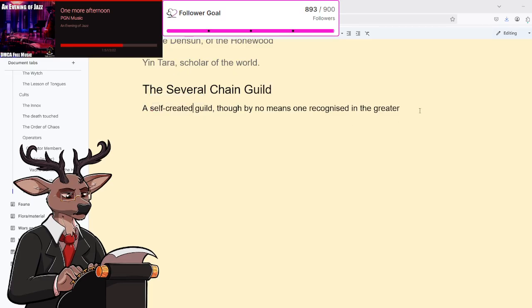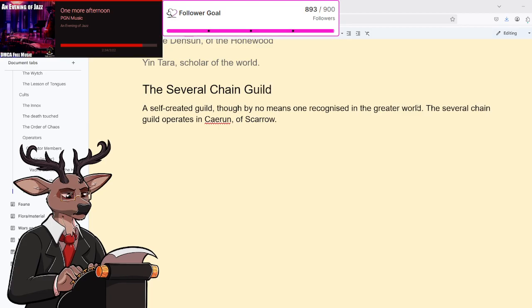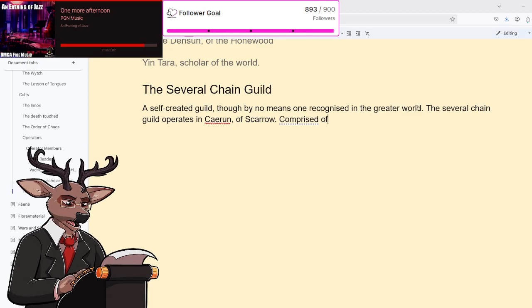Whoops. Guild operates in Kairan and Skaro. Comprised of slavers. Yippee.